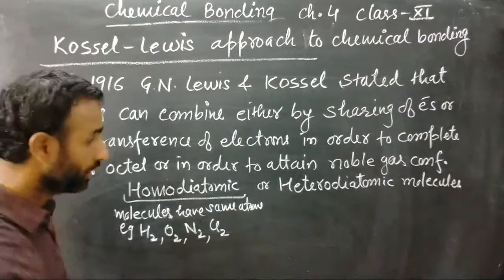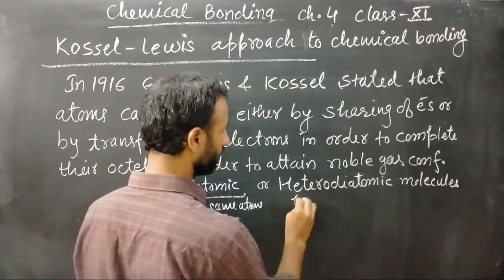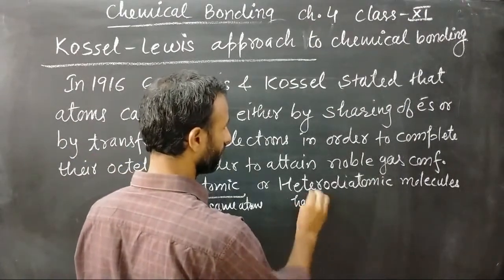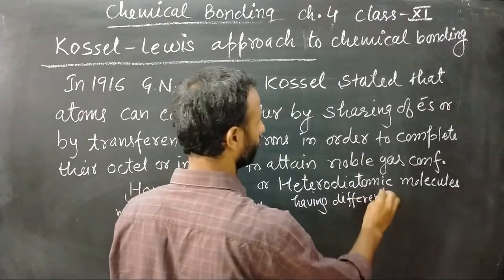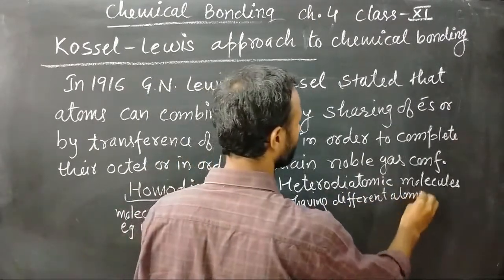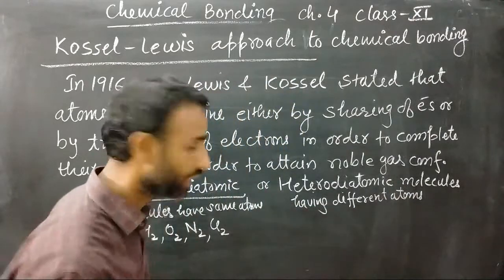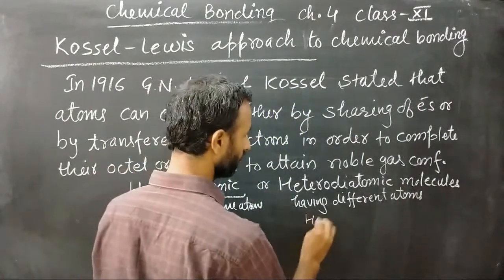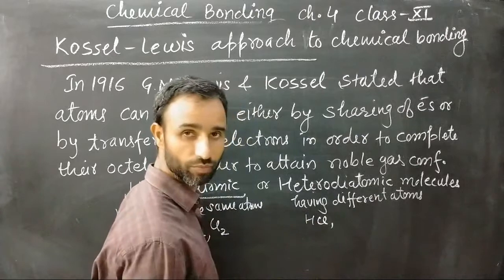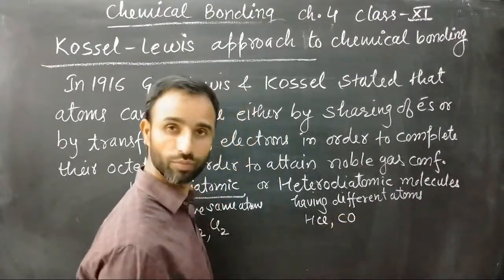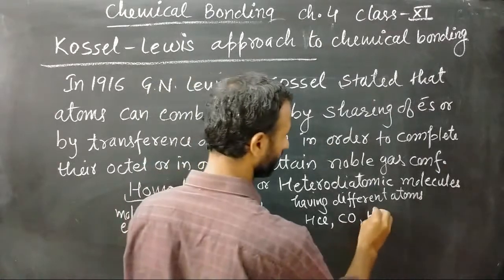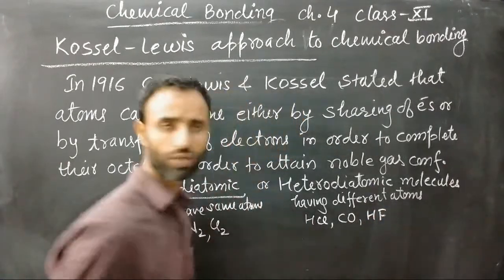Okay. Heterodiatomic means molecules having different atoms. The two atoms of the molecule are different. For example, HCl, CO, HF, and so on.